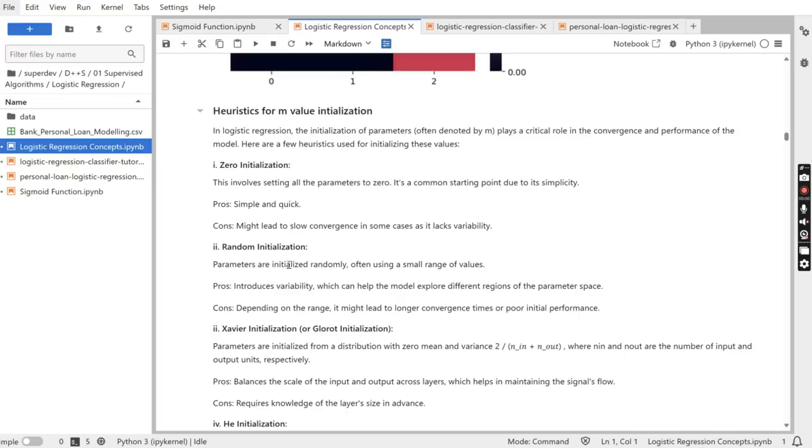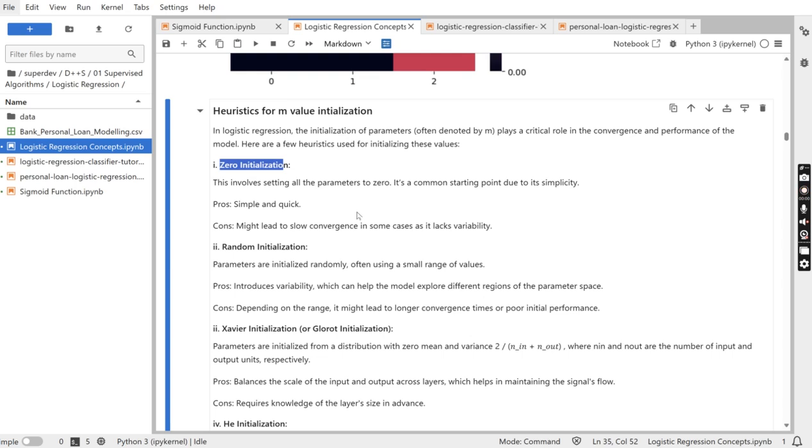Okay, now let's understand some of the different ways how m values are initialized. These are also the same methods that are done on neural networks. First it could be zero initialization. They start with zero value as m, and then the next step immediately is to increase the value of m.